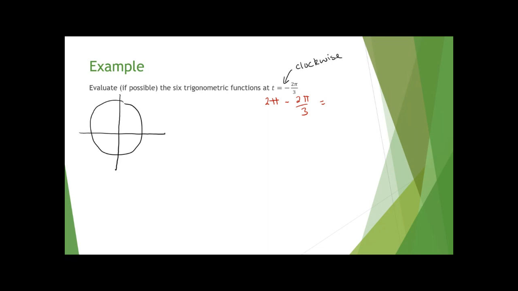Okay, so that is equal to 4/3 pi. So it's pi plus 1/3. So pi is there, and this is 0. So we're going 1/3 past there. So we're roughly at this angle. This is what our angle is for -2 pi over 3.